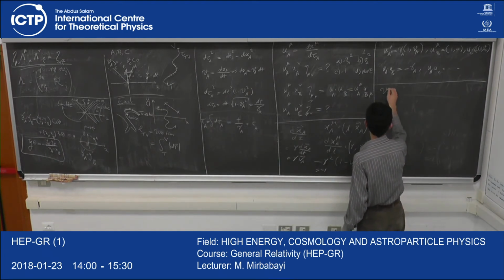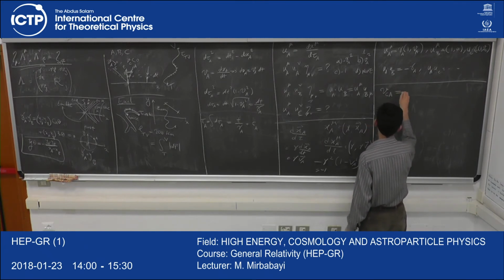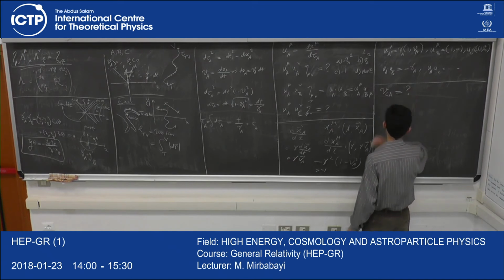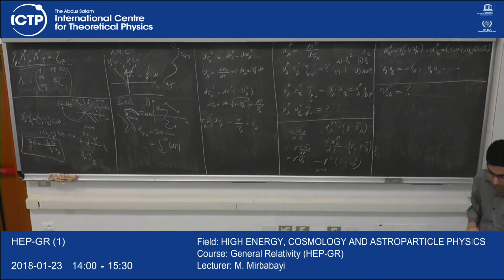Let's call it V_CA. So we want to see what is V_CA. This will be the last problem of today, then we can go. There are various options to calculate this. You can use the knowledge of the previous part.